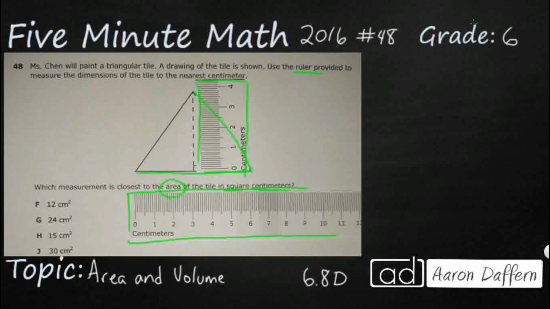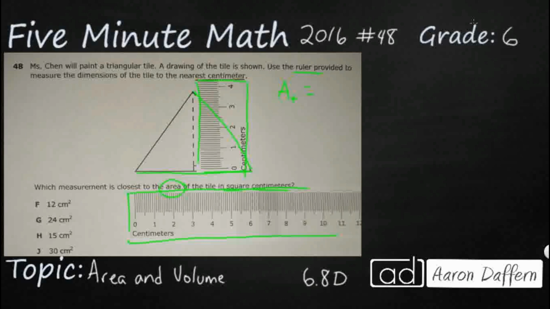So we're looking for the area of this triangle in square centimeters, and what we need to remember is the area of a triangle. Sometimes you'll see A, sometimes you'll see A with a little t, or A sub t. That means it's just the area of a triangle, because the formula for area of a square is different, the area of a trapezoid is different, right?